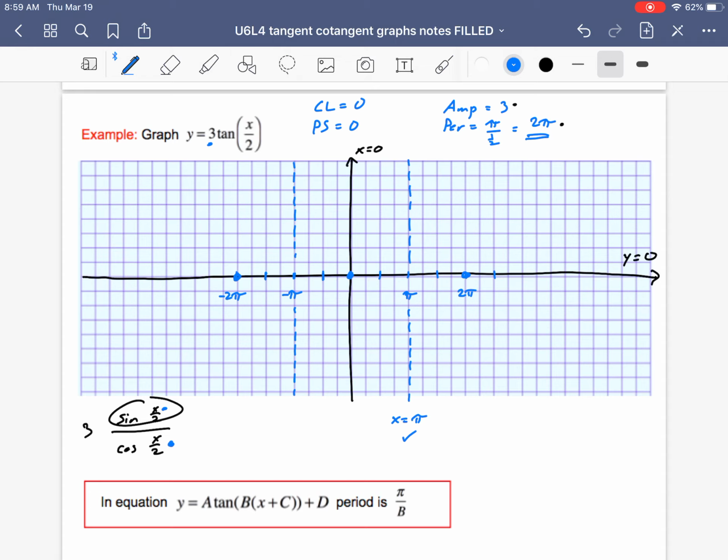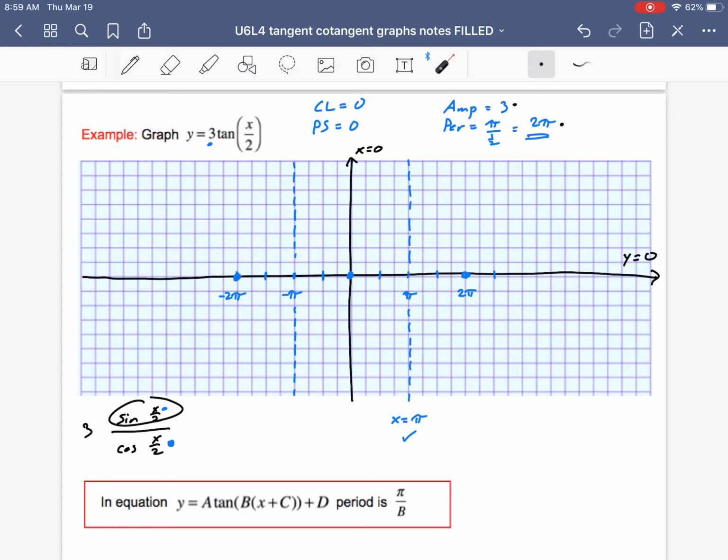If we want to double check that, you plug it in: the cosine of negative pi over 2, down at the bottom of the unit circle, is 0. So yes, it should be a vertical asymptote.